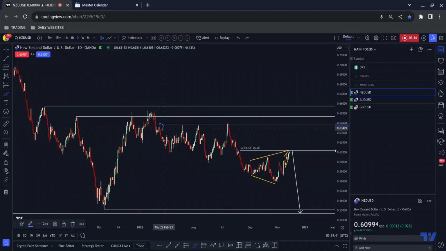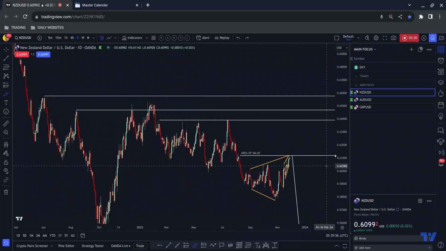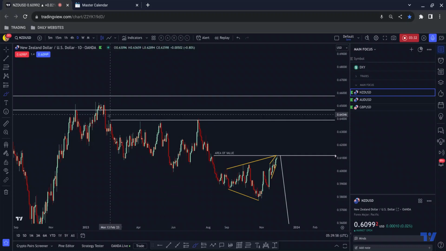We then have that 1, 2, 3 which I was talking about, but what do we have here? We have a green candle with a bullish wick above it. That gets filled. But if we zoom in, you can see that we near missed the area on both occasions.